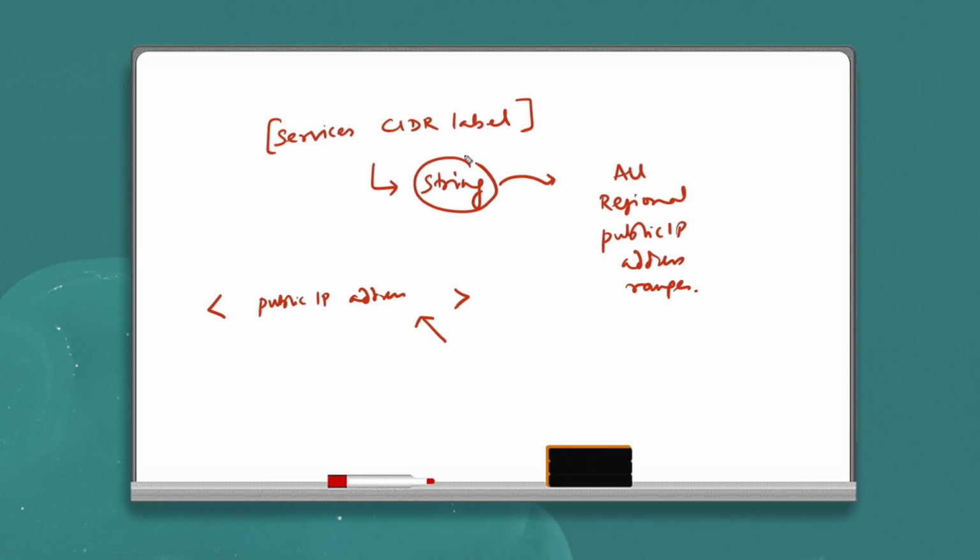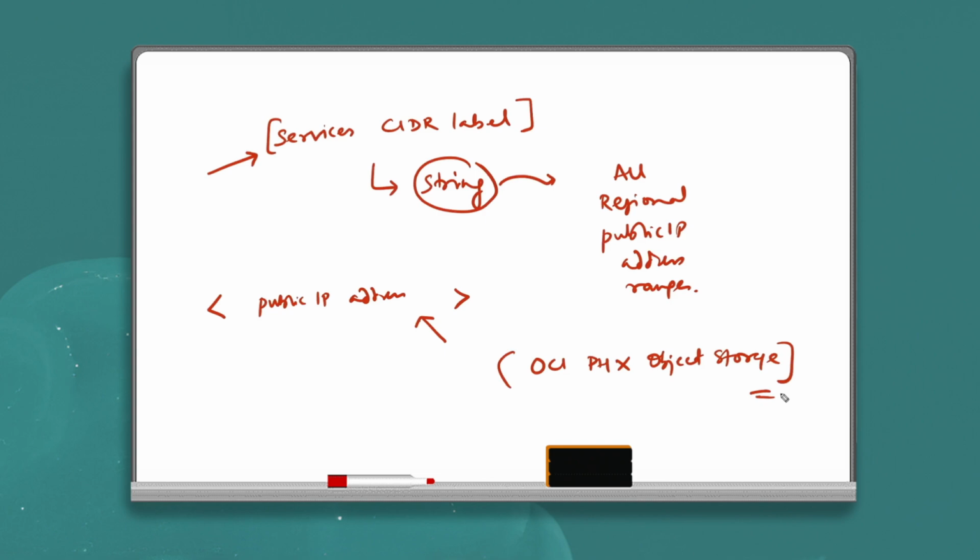So that is the benefit of using services CIDR label. One of the examples that you can think of is, let's say, OCI Phoenix object storage. This is how the services CIDR label looks like.